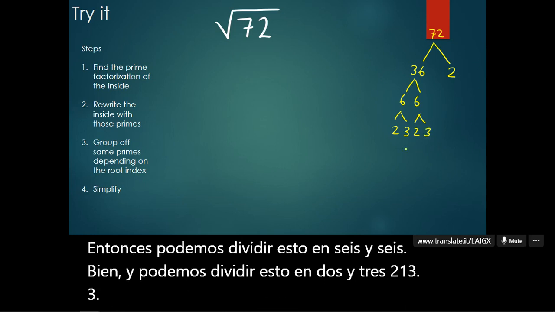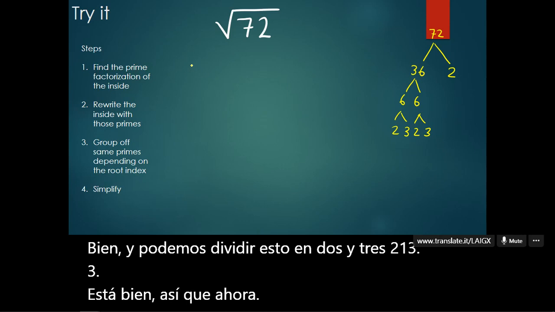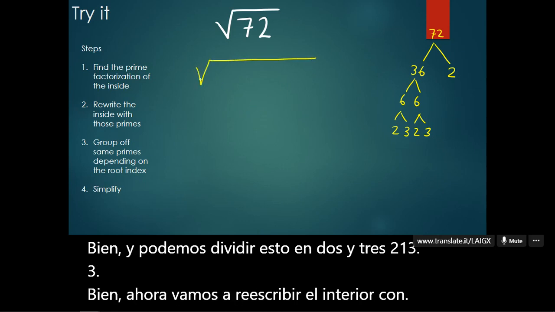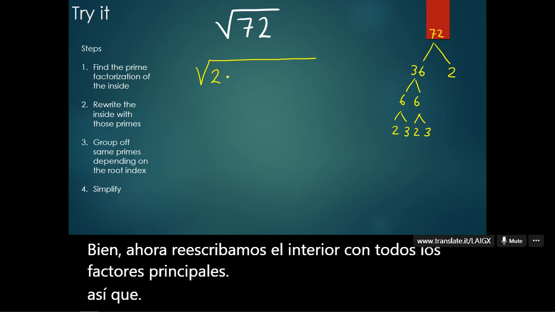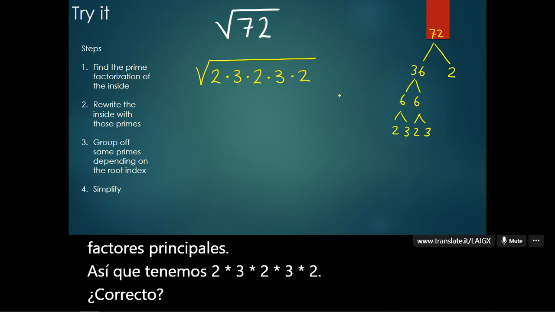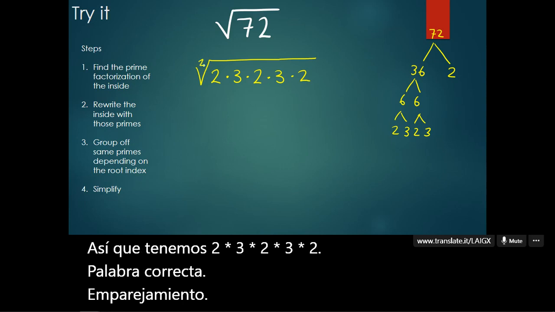Okay, so now let's rewrite the inside with all the prime factors. So we have 2 times 3 times 2 times 3 times 2. All right, we're pairing off because this is the square root. Square means 2.